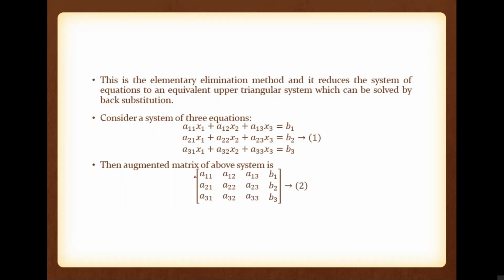So this matrix is known as the augmented matrix, where the last column is the output vector, b1, b2, b3, and the remaining is the system matrix. So combining the system matrix and the output vector, we have the augmented matrix. Okay. Is it clear to all of you?